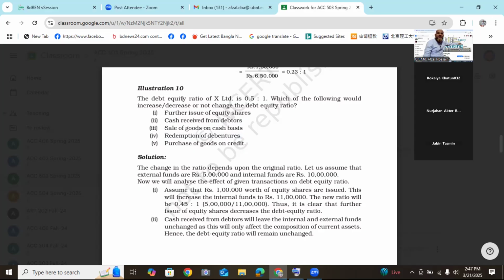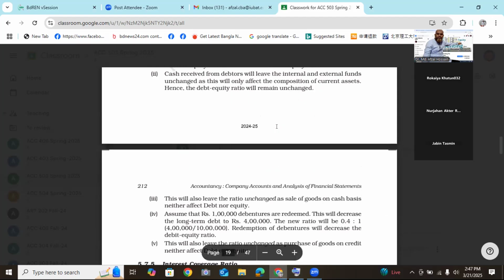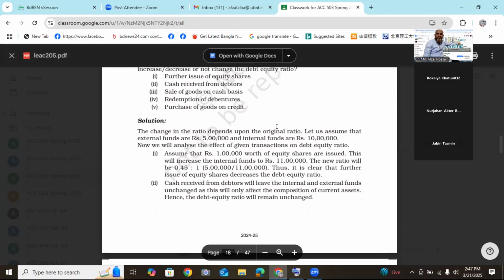If debt decreases, it will decrease the debt to equity ratio, isn't it? Or is there no change?